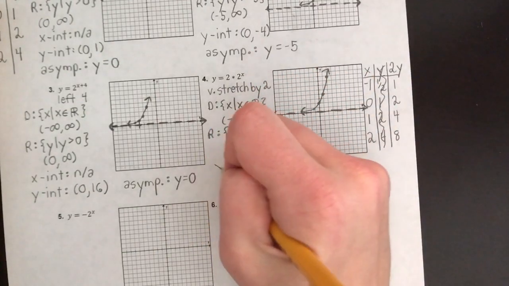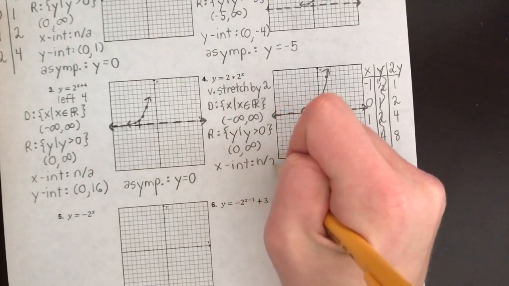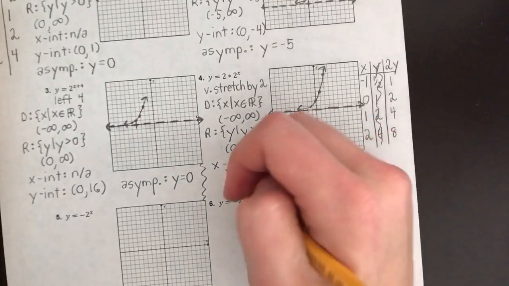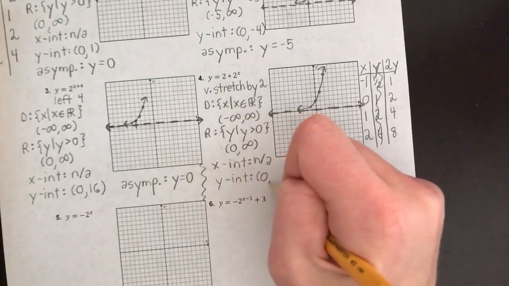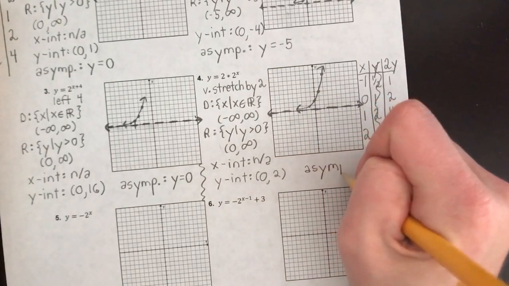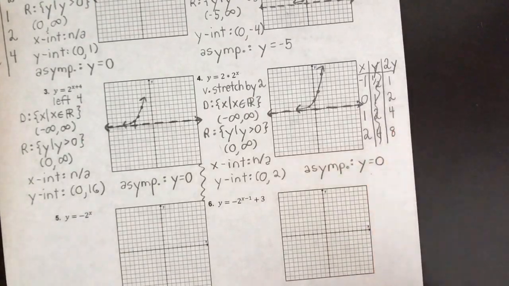Okay, x-intercept, again, not applicable because there's an asymptote there. Okay, my y-intercept is clearly visible on the graph, 0, 2. And my asymptote, again, still y equals 0.